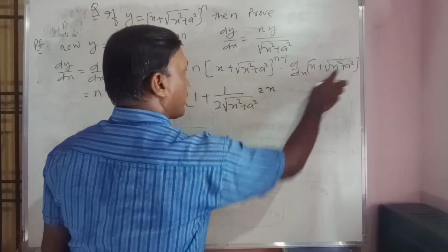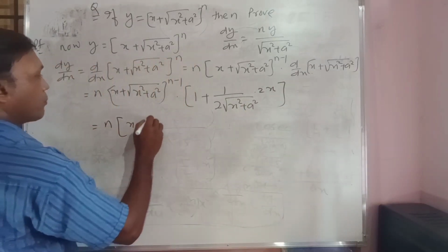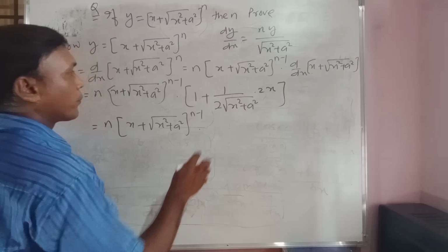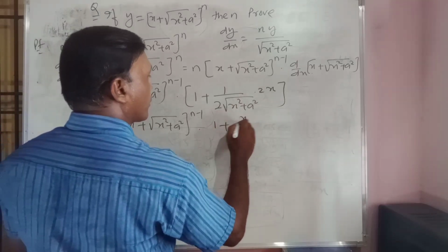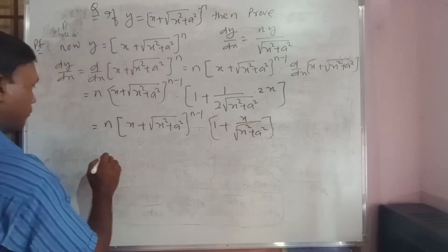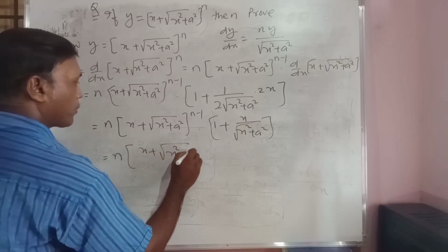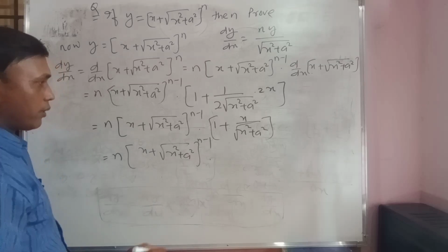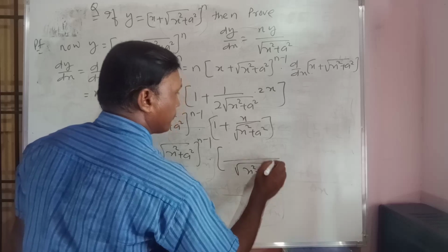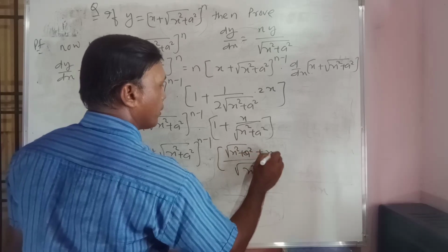Which is equal to n into (x plus root over of x square plus a square) whole to the power n minus 1 into, 2 cancels, 1 plus x by root over of x square plus a square. This is n into (x plus root over of x square plus a square) whole to the power n minus 1 into, here the LCM is root over of x square plus a square, and this is root of x square plus a square plus x.